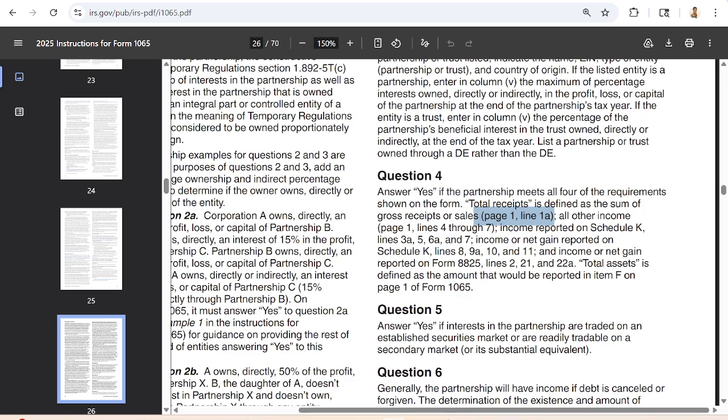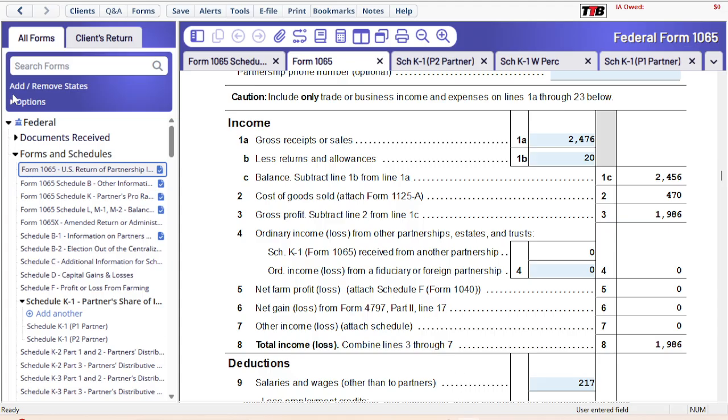So you have to do some calculations and income gets reported on Schedule K. So you are going to do those calculations to find your gross receipts. So it's not just that one line, it has those other lines and Schedule K.